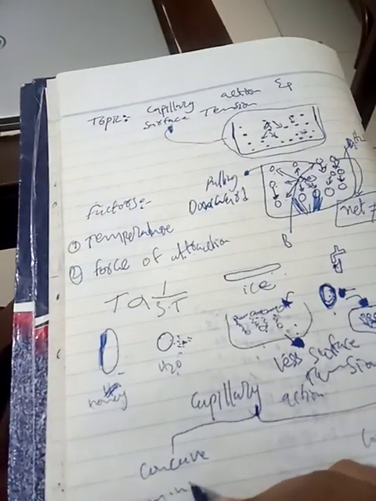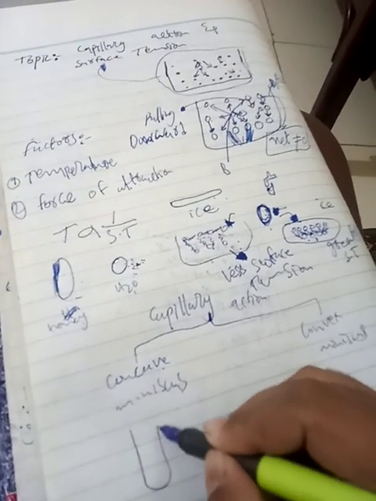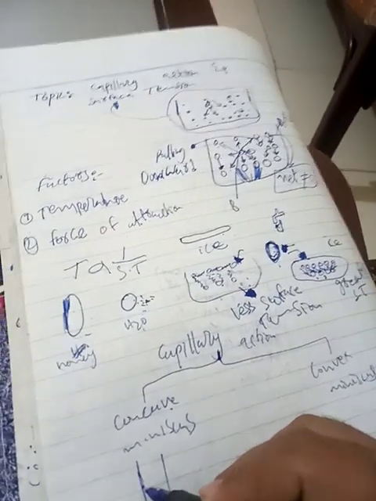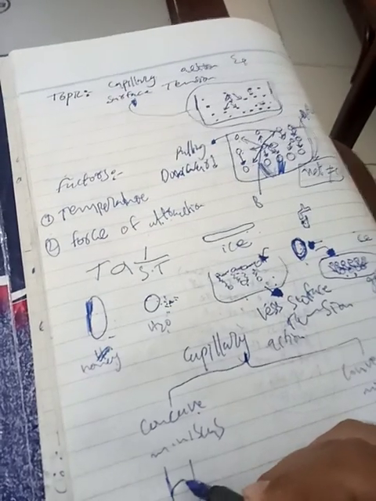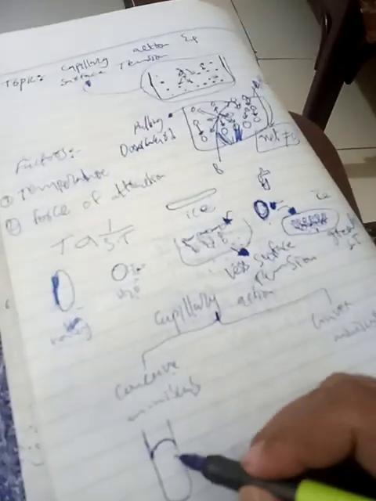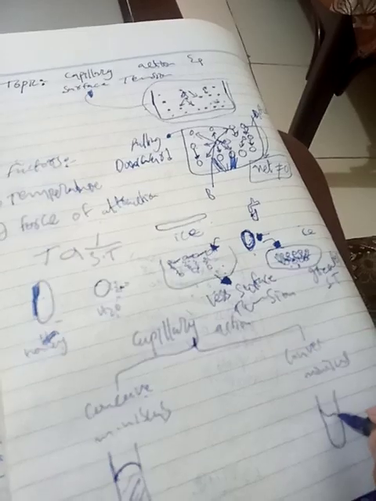In a concave meniscus, for example, this is a glass, and as you know, mercury makes a shape like this. Why it is like this, I will tell you today, and why a water molecule makes a shape like this.